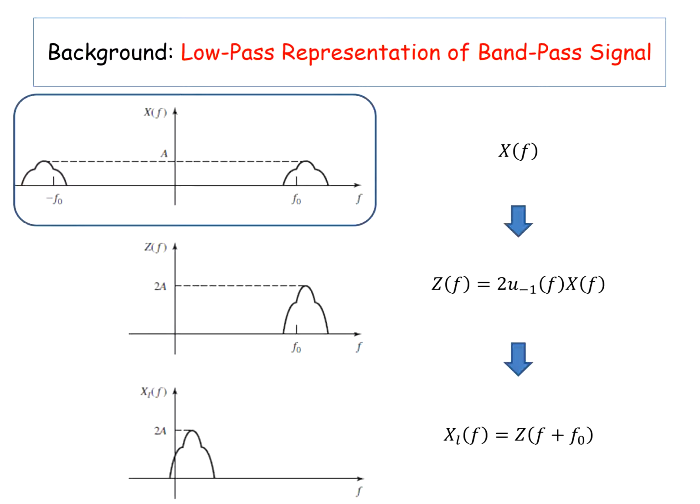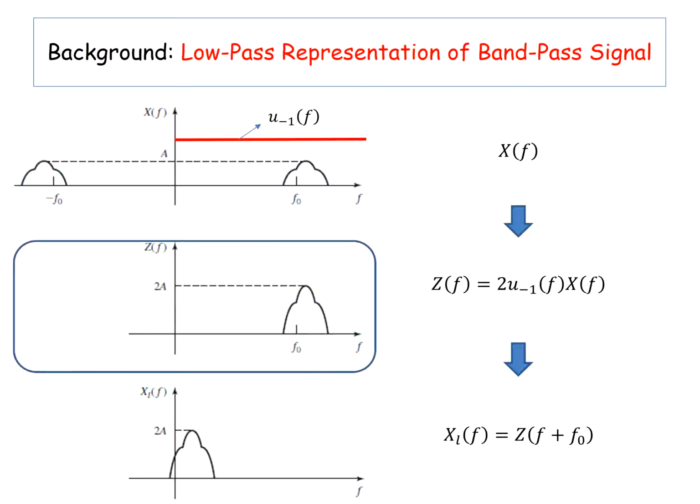Let us now see how the low-pass representation is obtained step by step. The spectrum of the bandpass signal, called X of f, is illustrated at the top of the figure. By multiplying by the unit step spectrum, the right half of X of f with a doublet amplitude is obtained.